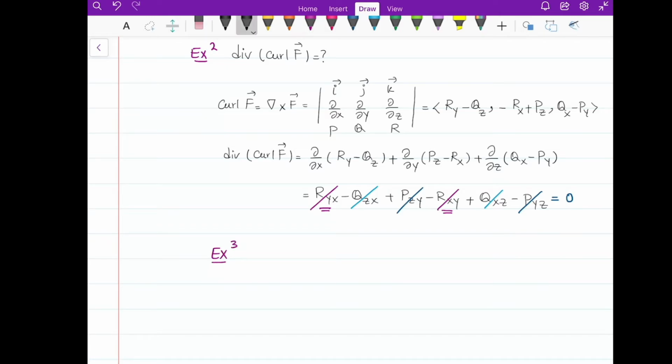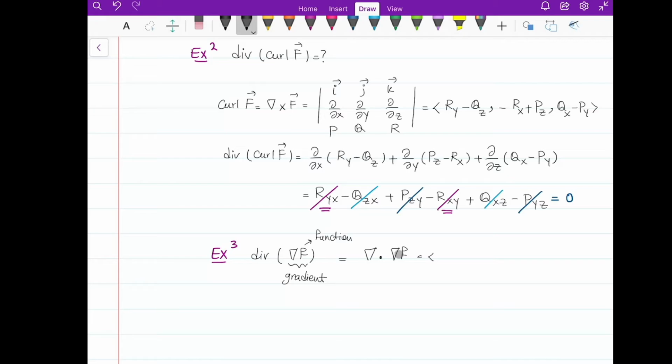Example 3 is the divergence of the gradient of f. So f is a function. With this notation here, I have the gradient, which is a vector, and for the divergence I have the del dot product with the vector field, and I have the gradient vector field here. So see what I have.